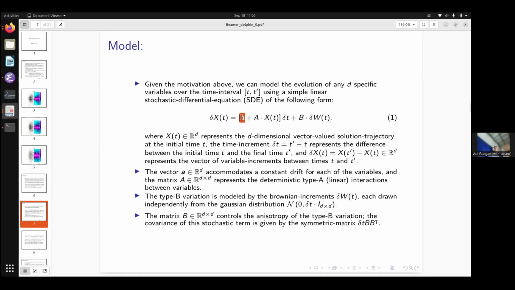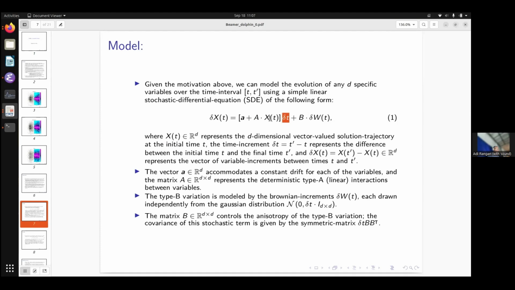And that linear SDE is going to have some drift that we don't really care about. It's going to have some interaction component. This capital A is a matrix indicating the deterministic interactions between one biomarker and another. It's deterministic because this is the dt component.